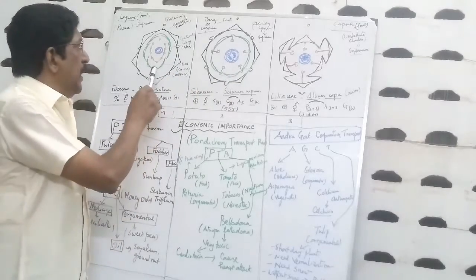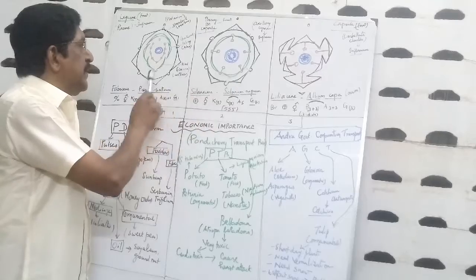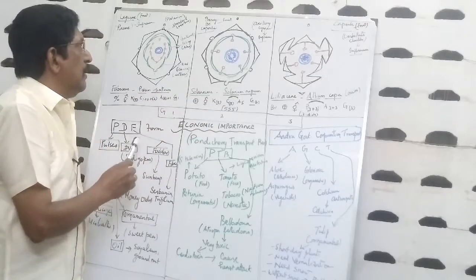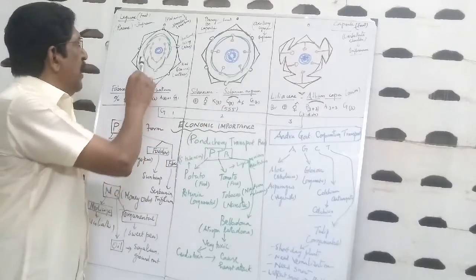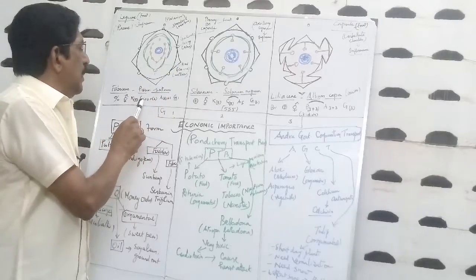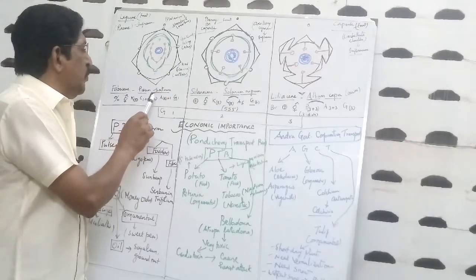Then coming to the next whorl, corolla. In Fabaceae and Solanaceae we can compare this corolla. In Fabaceae you get 1 plus 2 plus 2 within bracket.